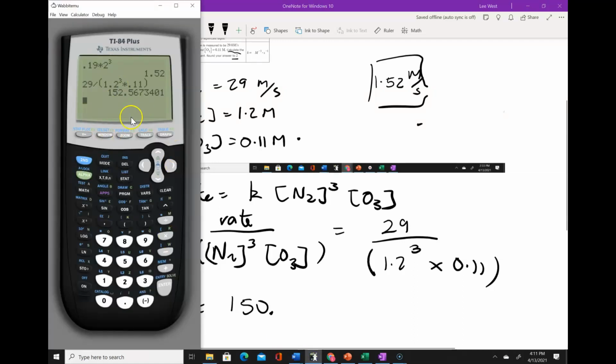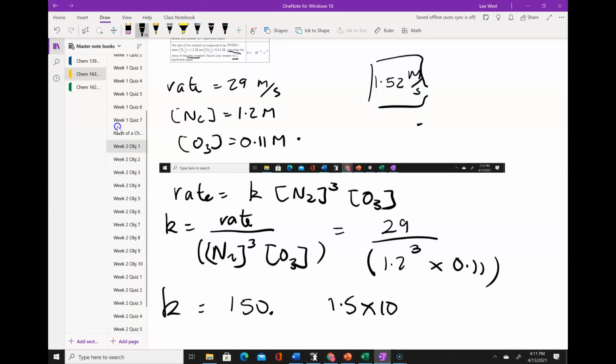Now, there is another way around this, and that would be to put it into scientific notation, which makes it clear that you only want 2 significant figures: 1.5 times 10 to the 2. So either or, you can either write 150 without the dot on the end, or you can write 1.5 times 10 to the 2. And then the units, like I said, are given, so you don't have to fuss with that.